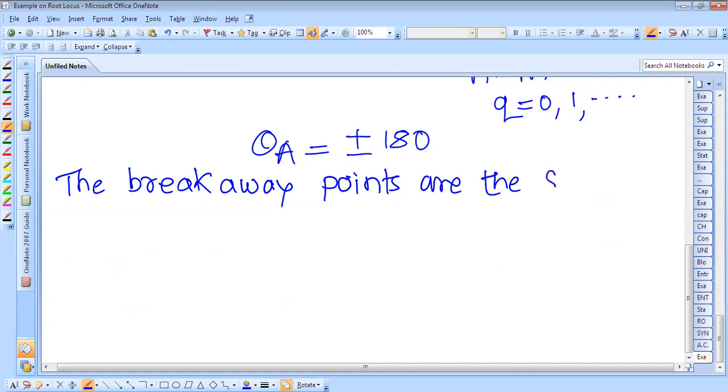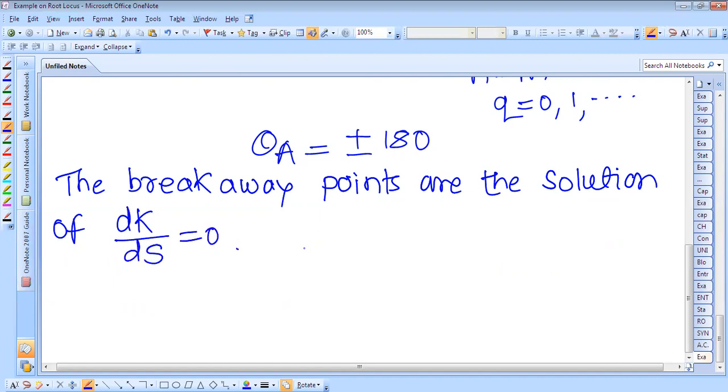These are the solution of dk by ds is equal to 0. So here we have to find like this. 1 plus G of s H of s is equal to 0.